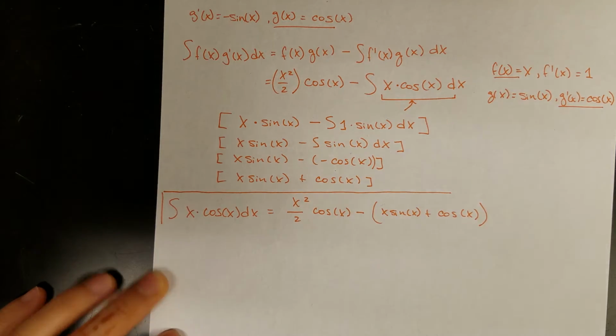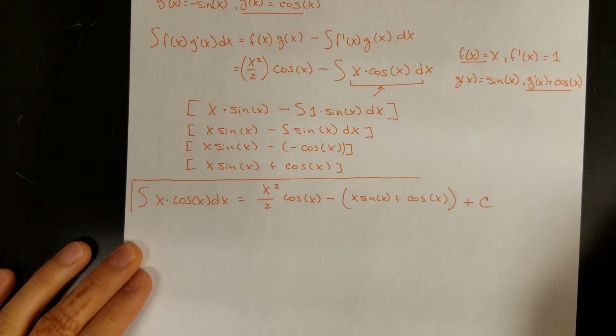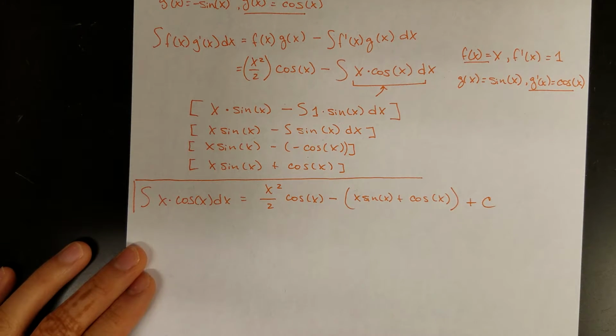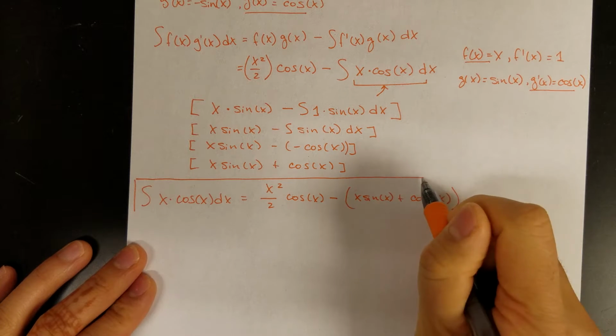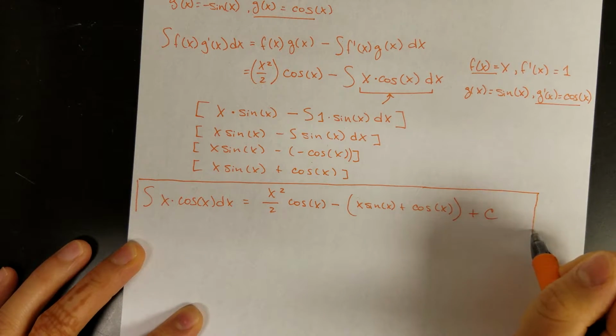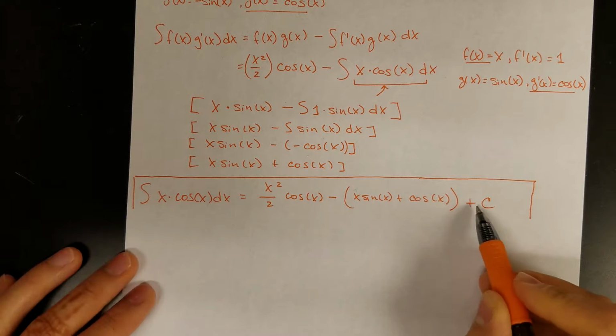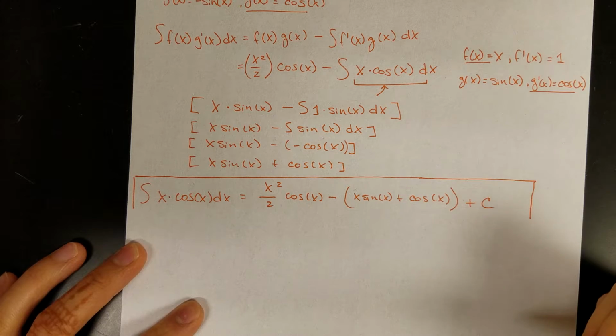Oh, and because it is an integral, you are going to have a plus c at the end, which just means plus a constant. When you're integrating, you can have tons of different integrals for one equation, because the constant just moves the graph up or down.